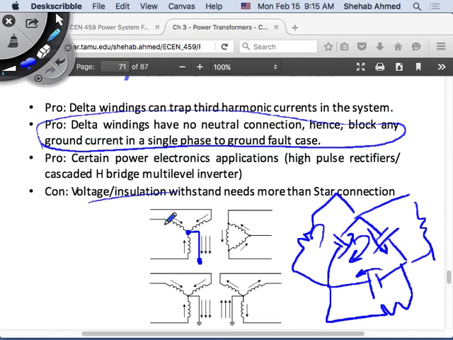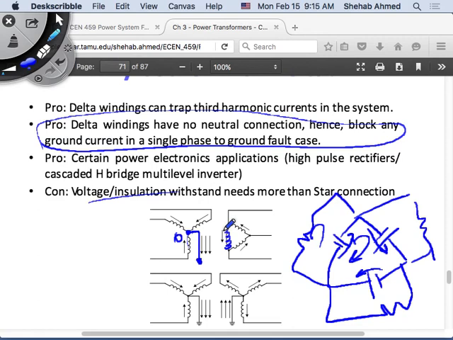Again, insulation depends on the voltage difference, right? So in a star, 3 of the terminals are connected to a very low voltage, which is the neutral, theoretically at 0 voltage. So the insulation required for these turns is low. In a delta, there are no winding turns close to 0 volts.